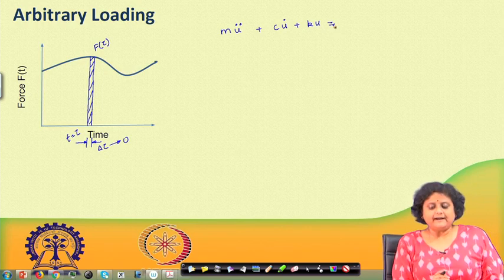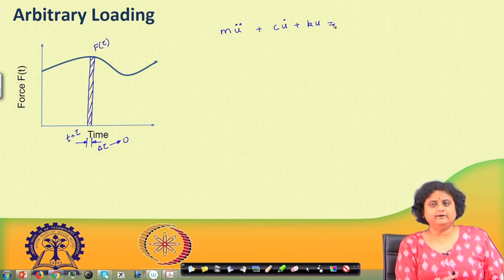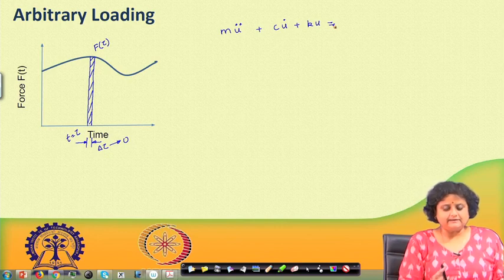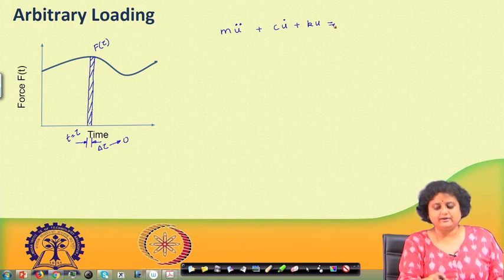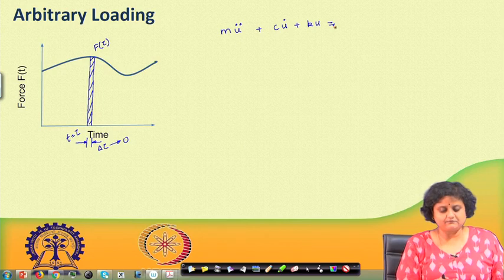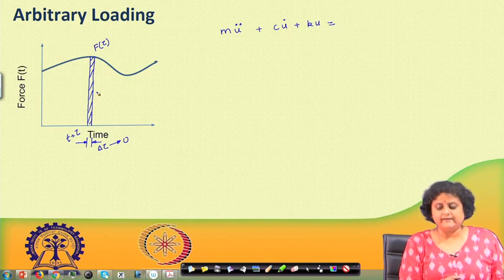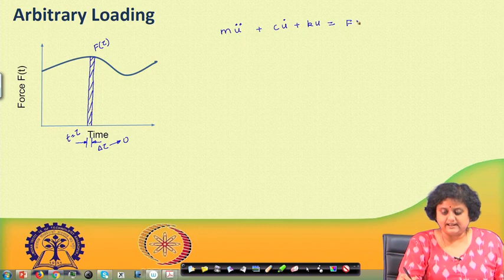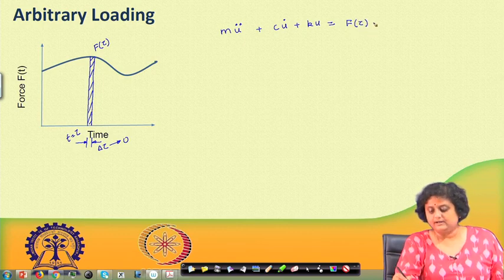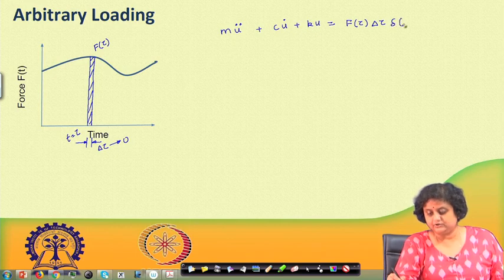If I forget about the rest of the load, and try to find out the response of this single degree of freedom system for this thin slice of loading, then my equation of motion can be written as f tau into del tau into the Dirac delta function of t minus tau.